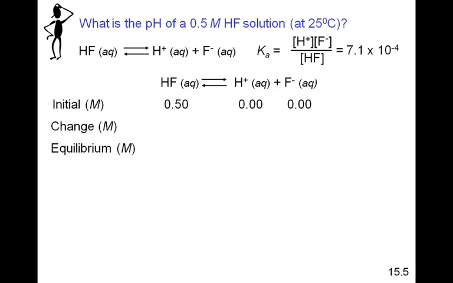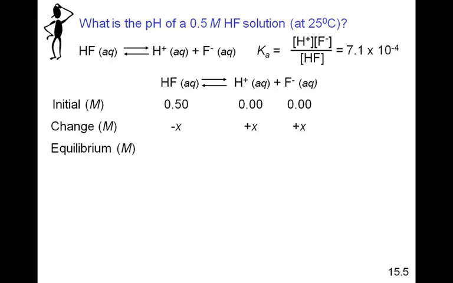Now, we're going to assume that the HF is going to decrease in concentration, and we're going to choose the variable x. So we're going to say it's decreasing by x. And of course, since this is a one-to-one relationship between the H plus and the HF, the H plus has to be increasing by x, and since this is a one-to-one relationship between the HF and the F minus, that has to also be increasing by x.